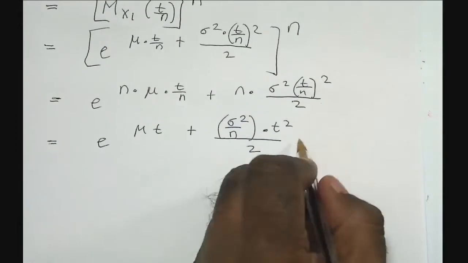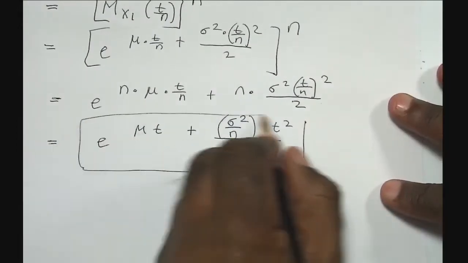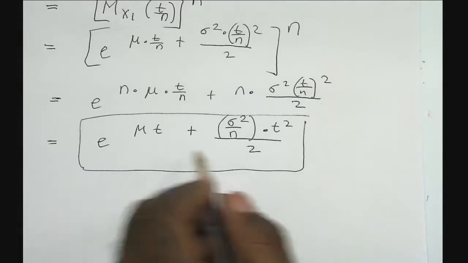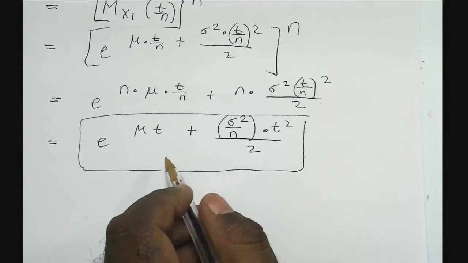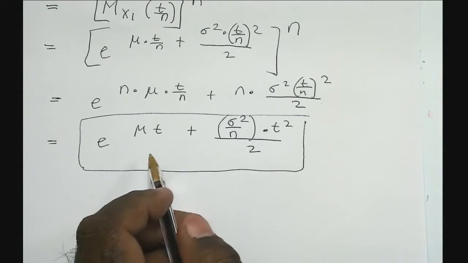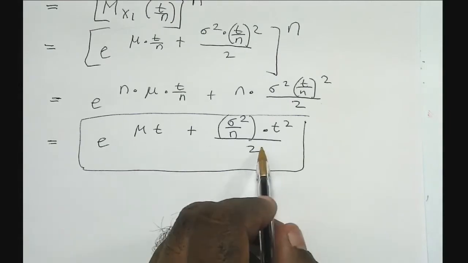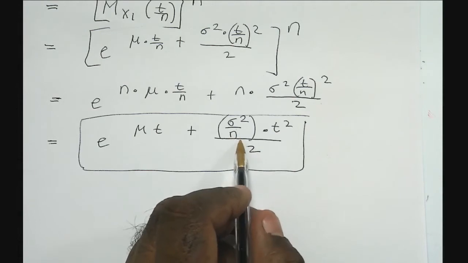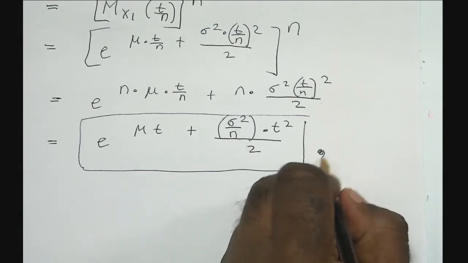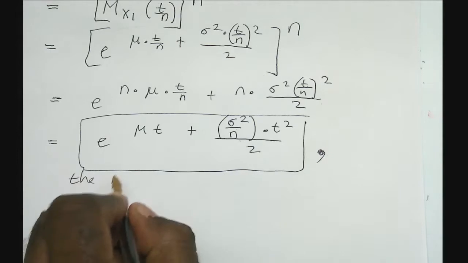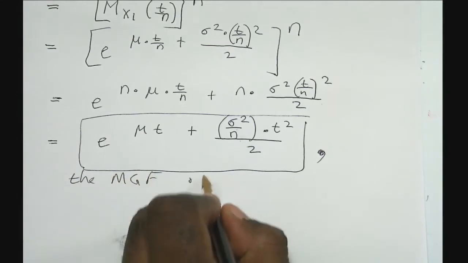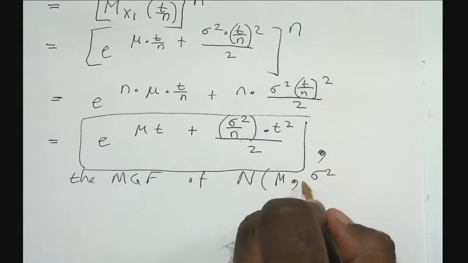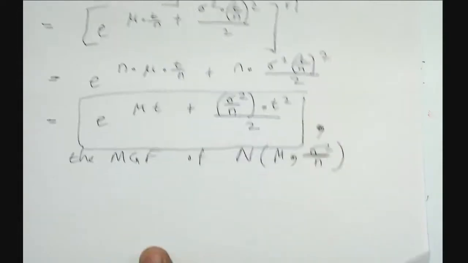Okay. Now, if you look closely at this, guys, and compare this expression here with this expression, you see the similarity. The difference between this one and this one is that in place of sigma squared over here, you have sigma squared by n. Hence, this must be the MGF of a normal variable with parameters mu and variance sigma squared by n.